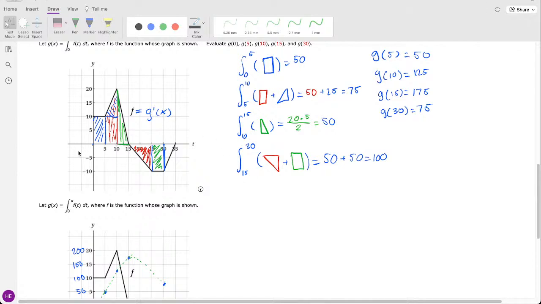And then it's increasing from 0 to 15. Okay, let's submit that, see if we're right. Oh, I forgot to change my answer on g of 30. 75. Boom, it's all correct.